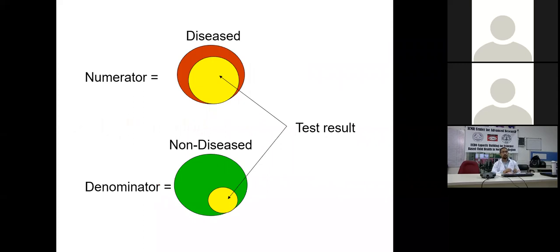Putting it graphically, if the numerator brown circle is all those who are diseased, and the denominator green circle is all those who are non-diseased, and the yellow circle is a subset with the test result. So if the test result is positive, then we're looking at a positive test result amongst the diseased divided by a positive test result among the non-diseased. If the test result is negative, that means negative likelihood ratio, it is a negative test result amongst the diseased in the numerator divided by a negative test result amongst the non-diseased in the denominator.